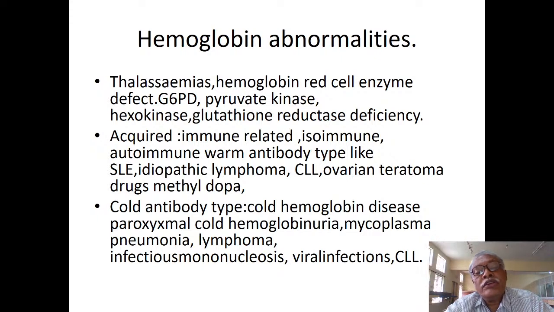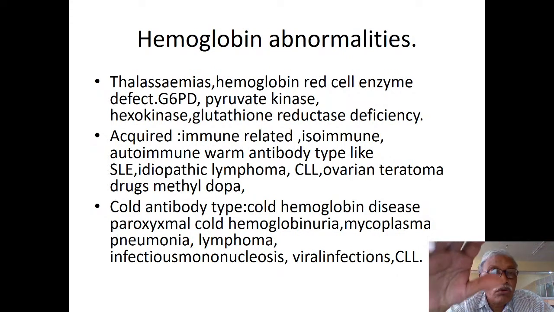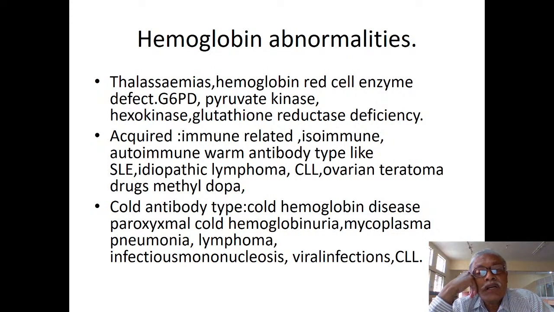Then some of them are congenital, where they have defects in the hemoglobin, for example thalassemias. There are also red cell enzyme defects like G6PD, pyruvate kinase, hexokinase, and glutathione reductase deficiency, which can also produce hemolysis and anemia.